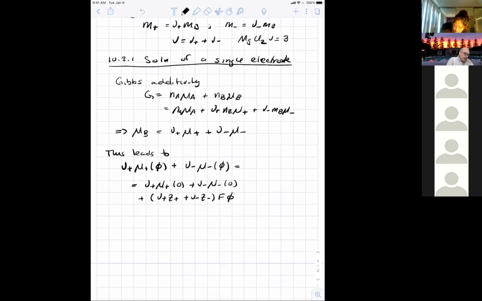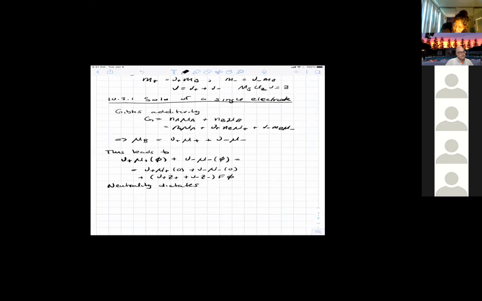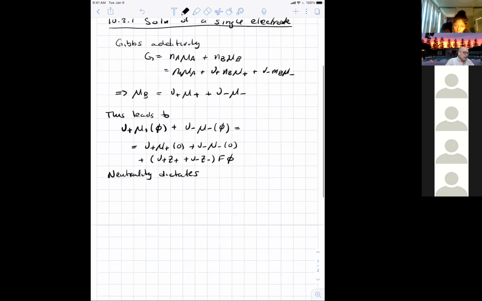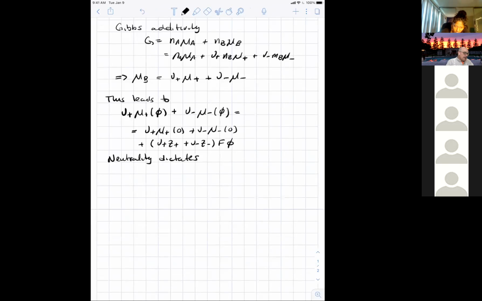But again, the neutrality condition dictates that this weighted sum of the charges equals 0, right?